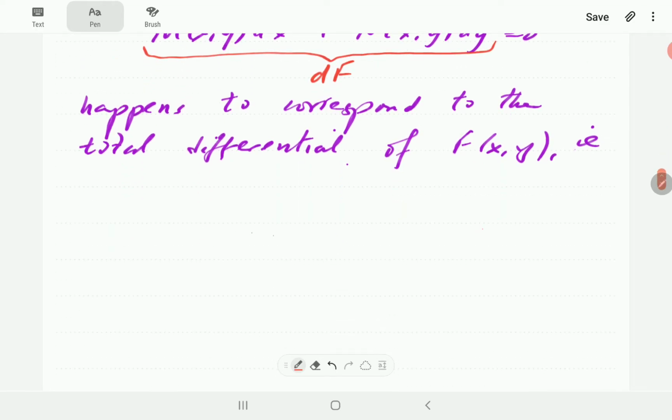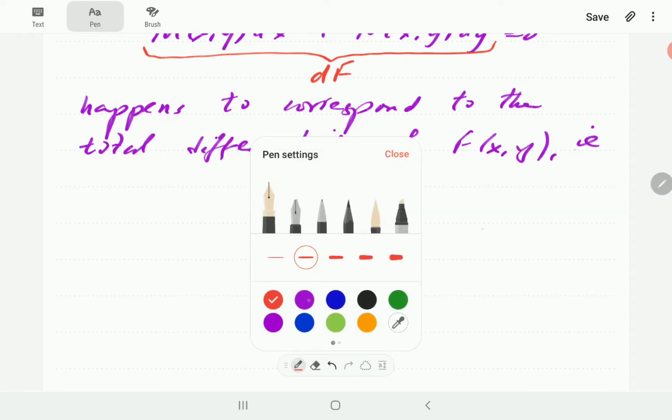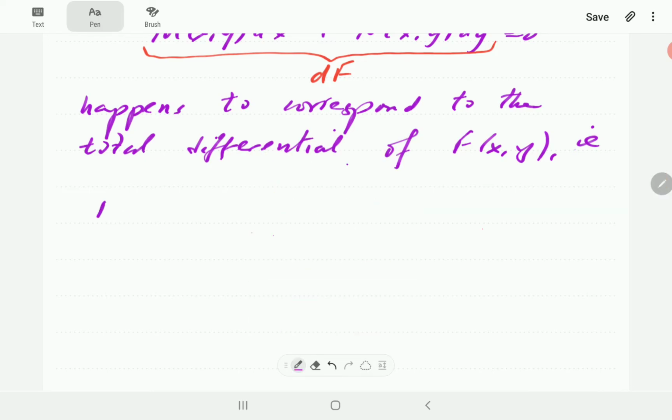Or alternatively, let's write it like this. What we are saying is that m dx plus n dy is actually equal to fx dx plus fy dy.